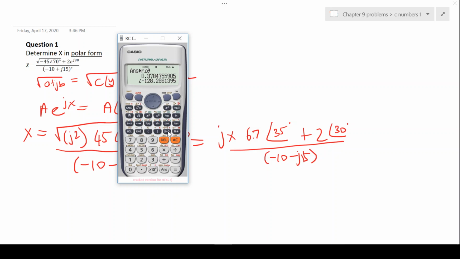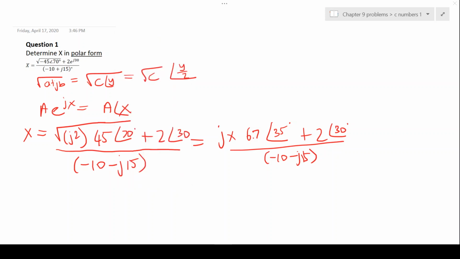And that gives us a value of 0.37 angle minus 128.